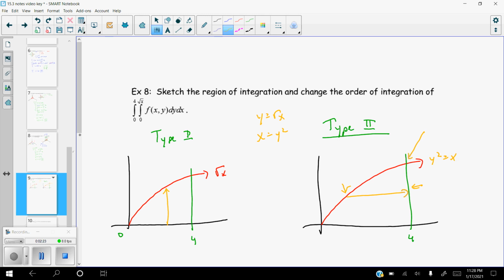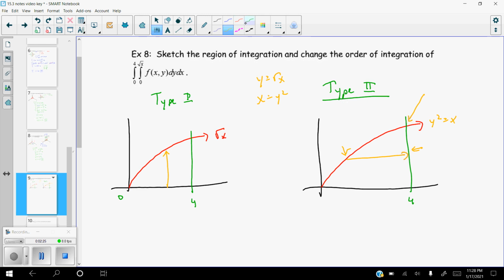So it looks like our domain for the type 2 region, again, x is going to go from y squared to 4, and the y values are going to vary from 0 up to y equals 2.